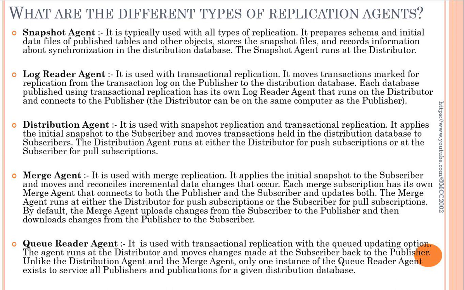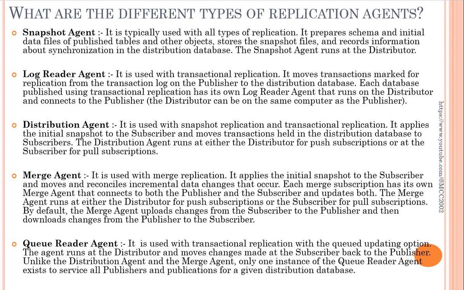Maybe you are using snapshot, transactional, merge, peer to peer. That's it. Okay. So here is the detail about what is a snapshot agent. It is typically used with all the types of replication.